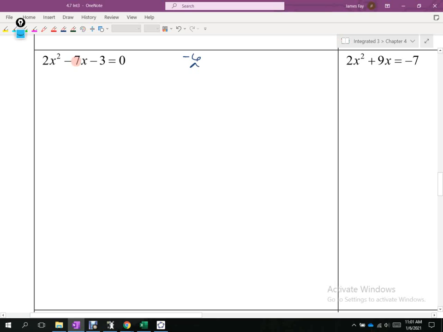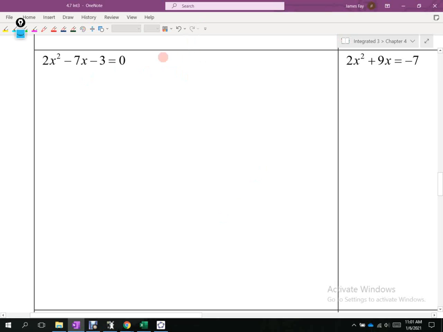You guys remember doing that? Okay. Are there any numbers that multiply together to give me -6, but add to give me -7? There are none that do that, right? Okay. So factoring using the AC method is impossible here. Okay. So right now, before the quadratic formula, we would write, this is prime.